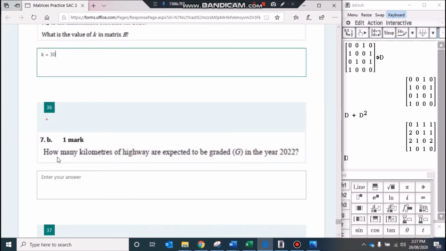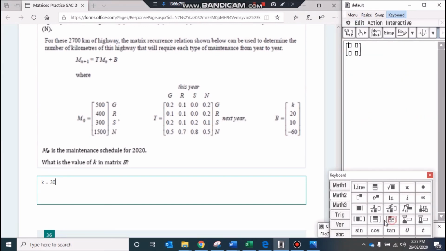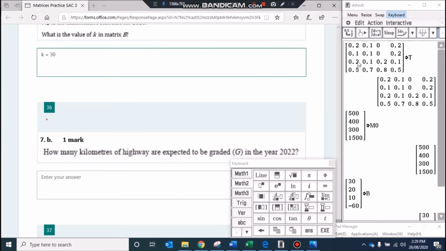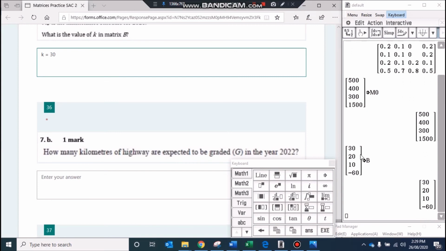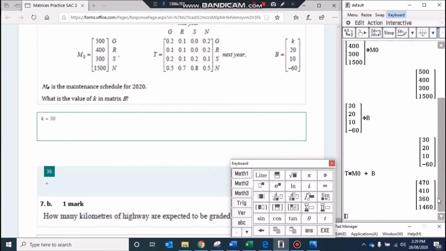For another 1-mark question, how many kilometers of highway are expected to be graded in the year 2022? We're going to need to get these into our calculator once again. All right, now I've defined my transition matrix, our initial state matrix, and B. So I know that M1 will be our transition matrix multiplied by the initial state matrix plus B. Now remember, that's M1.